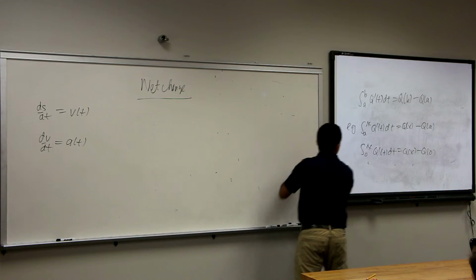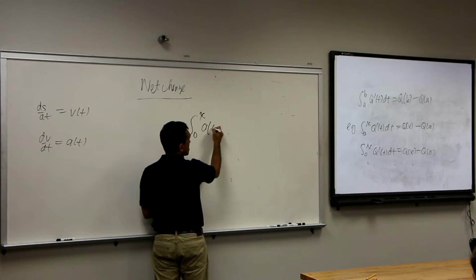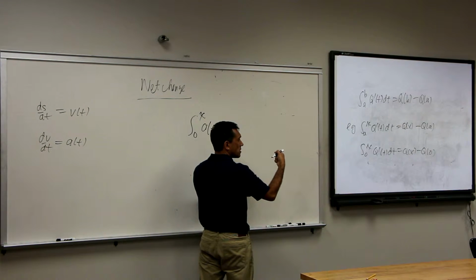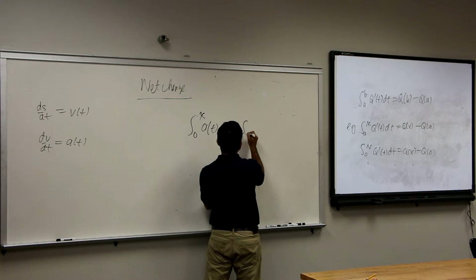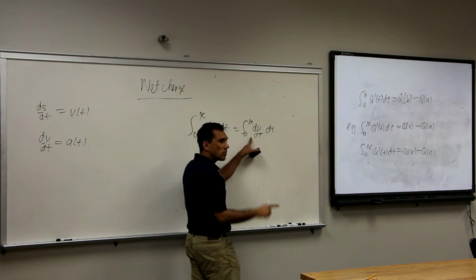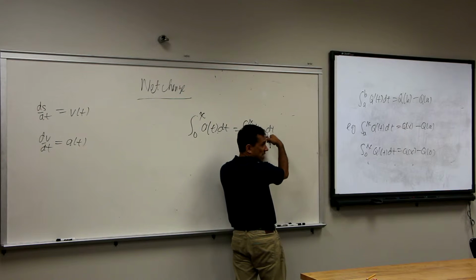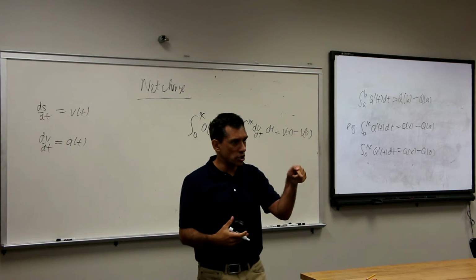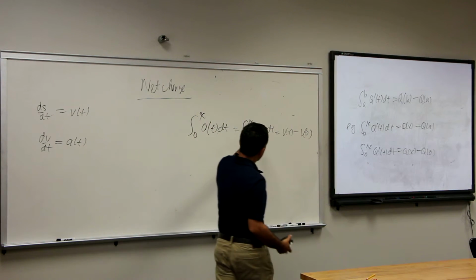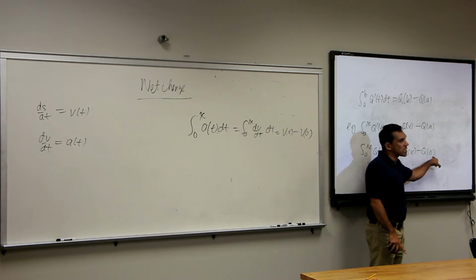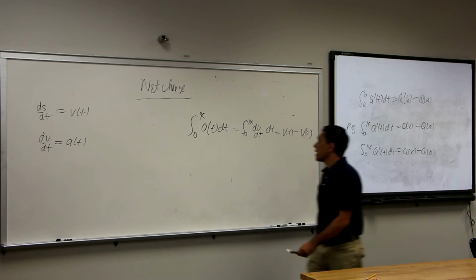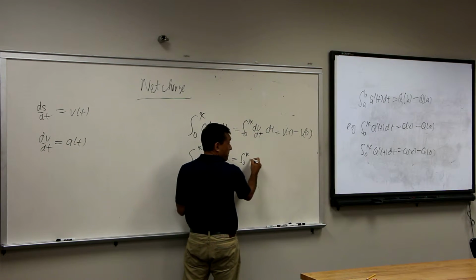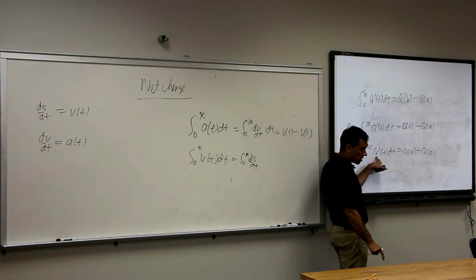If I integrate the acceleration from 0 to x, the acceleration being a function of time given to you, you are integrating the derivative of the velocity, so you must get the velocity function. And if you integrate the derivative of the position, then you must get the position.